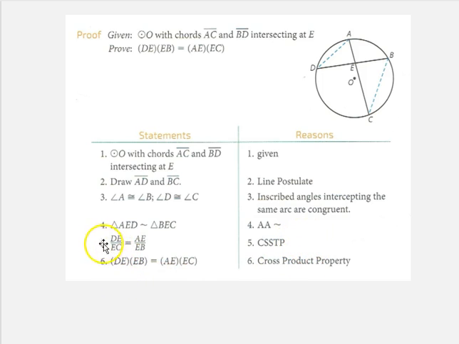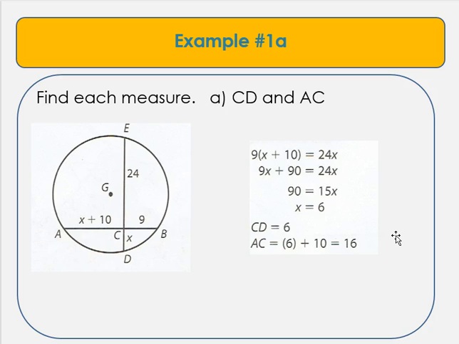Now we can pick the pieces that we've just set in proportion and multiply across. So DE times EB equals AE times EC, which is our theorem. We did that by using cross multiplication, or what they call the cross product property.